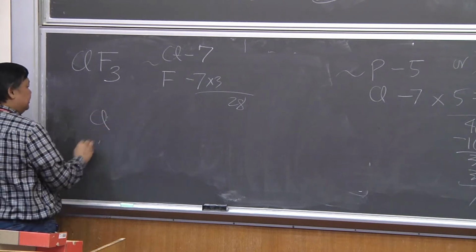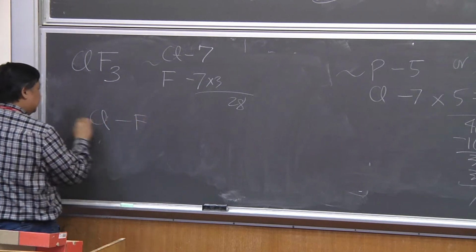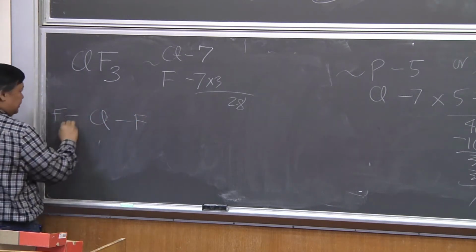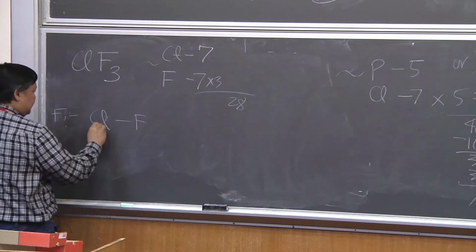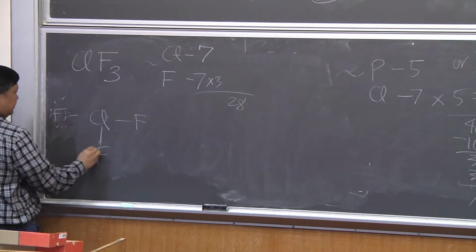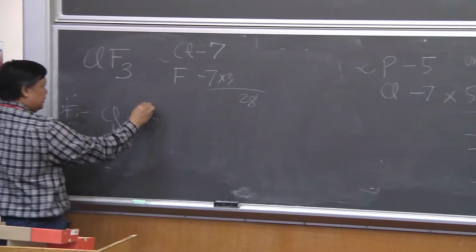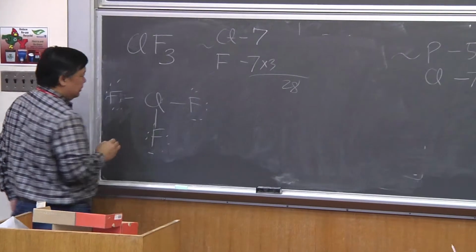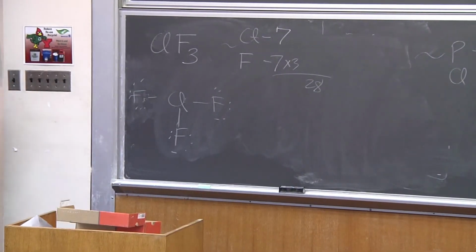So it goes Cl in the center, with three fluorines. How many is that? 24.